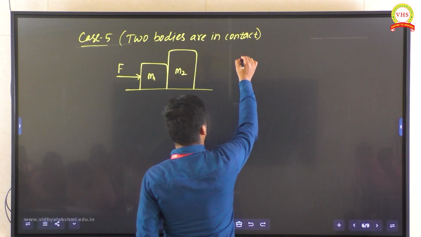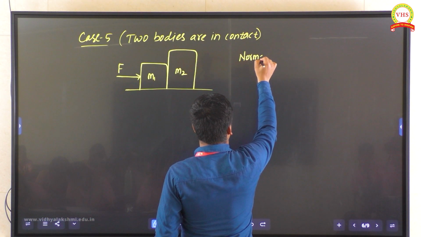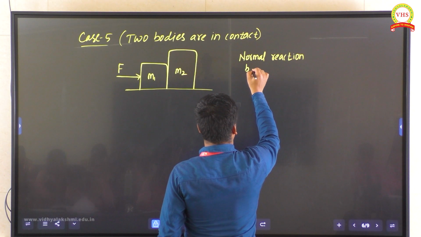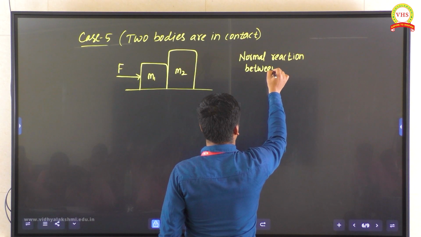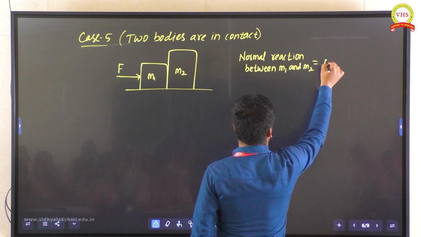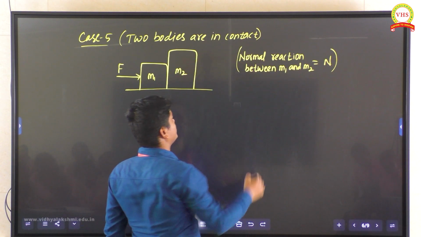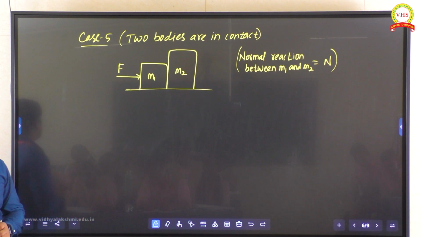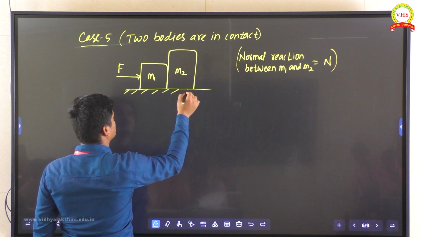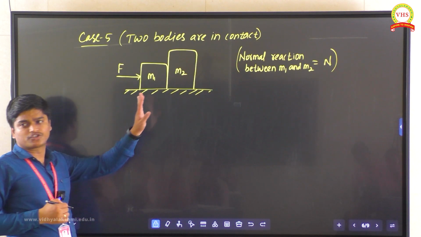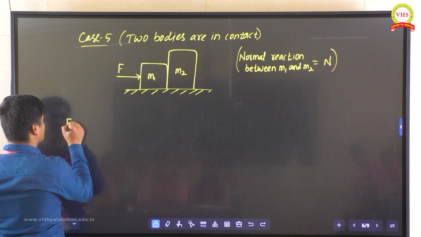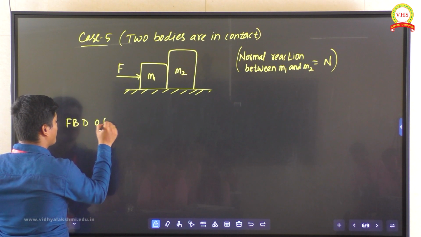Now what do we need to find? We have to find the normal reaction between m1 and m2. Listen carefully. This is your floor. To find the normal reaction, what to do? Free body diagram. First do the free body diagram of m1.